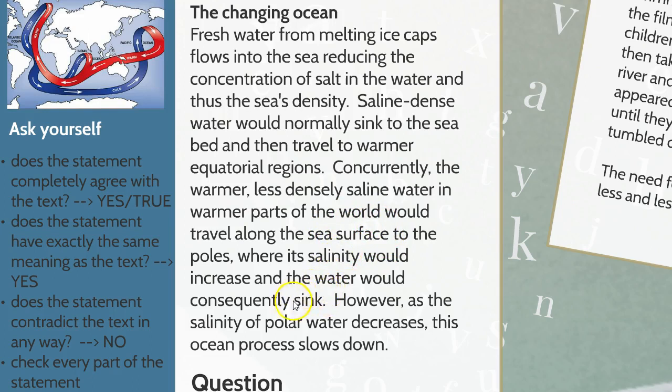You can see sink, which would mean lower, lower to the bottom of the ocean. You can see the idea of travelling. Here as well, then travel to warmer equatorial regions.